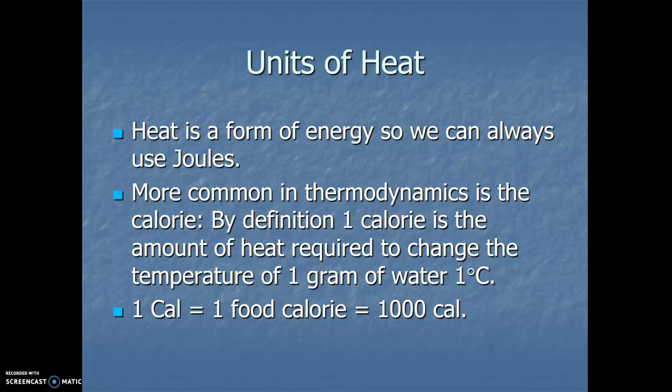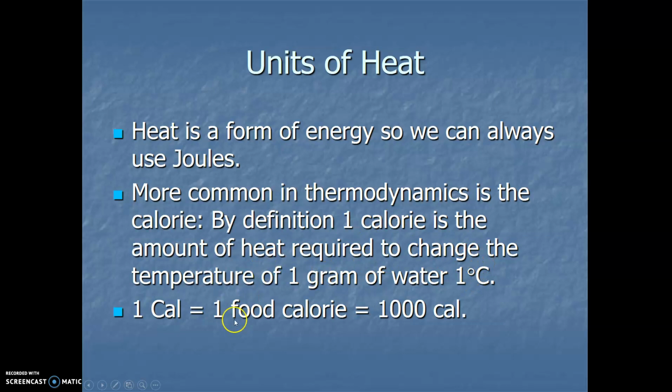Heat is measured in joules, but we can also use a different unit that's commonly used in thermodynamics, and that's the calorie. The calorie is defined as the amount of energy necessary to heat up 1 gram of water 1 degree Celsius.